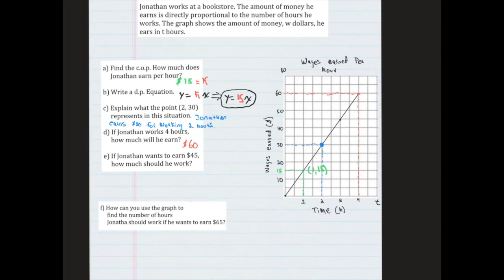If Jonathan wants to earn $45, how much should he work? So in this case, we're going backwards, okay? So we're working backwards. And we're going to say, okay, so $45 is here.